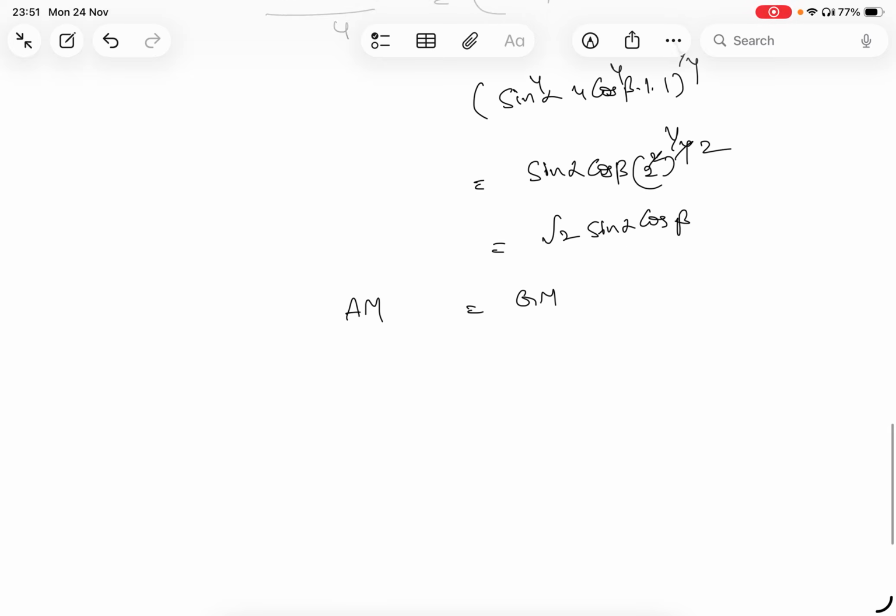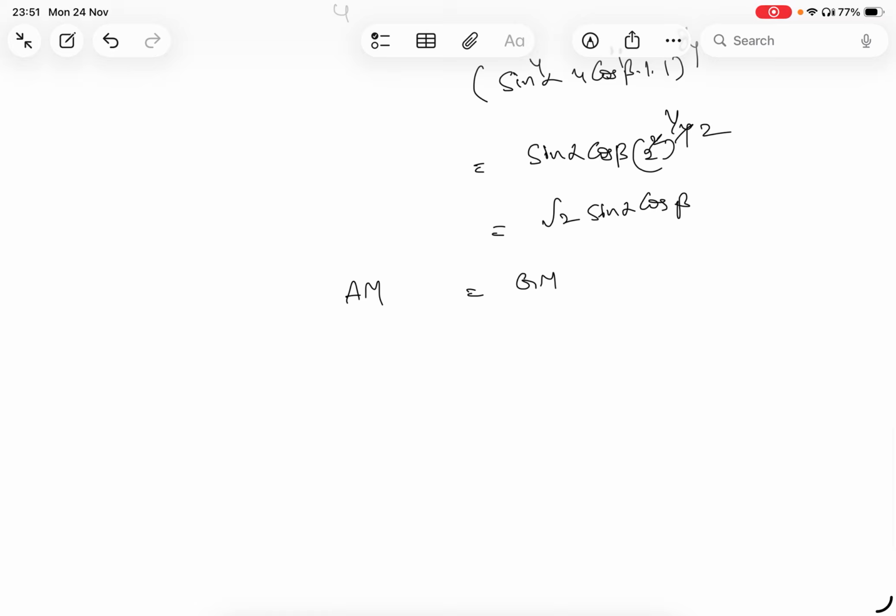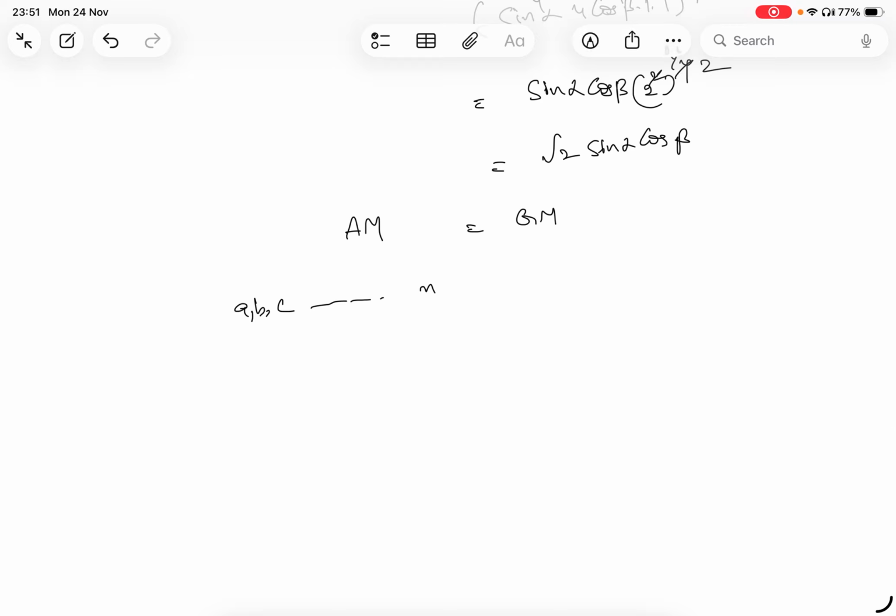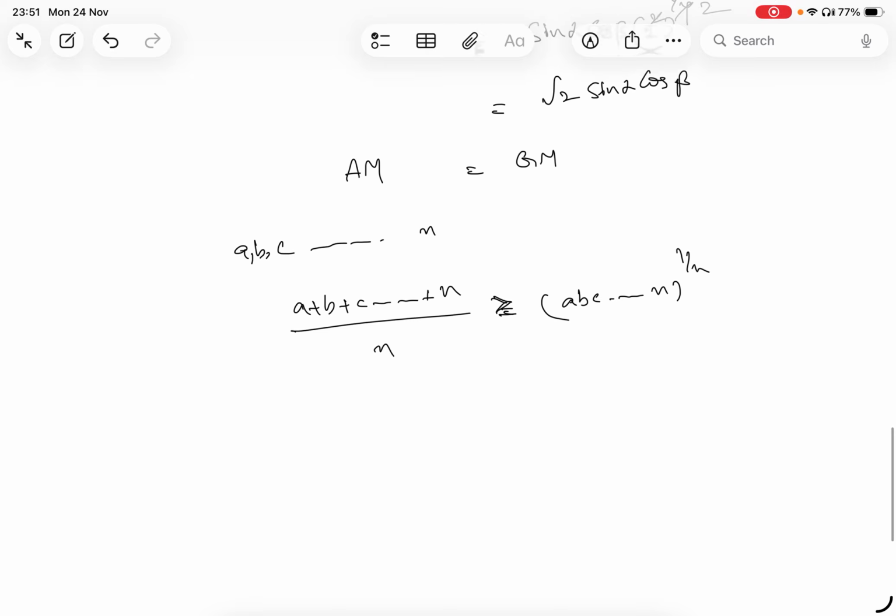You can prove it: if there are n numbers a, b, c and so on up to n terms, the arithmetic mean is a plus b plus c and so on up to n terms, divided by n. Then the geometric mean is abc and so on up to n, whole power 1 by n. This will always be greater than or equal to, is the condition.